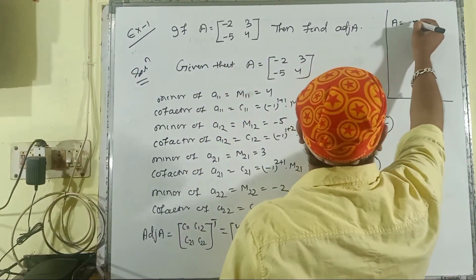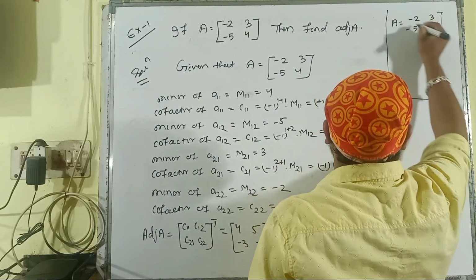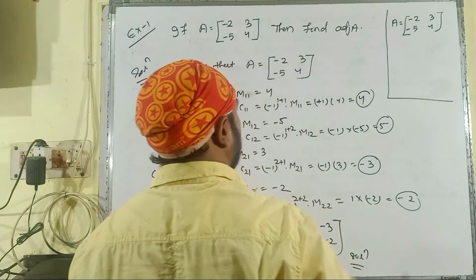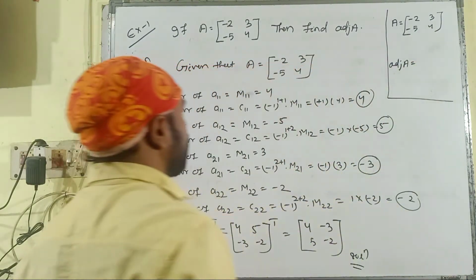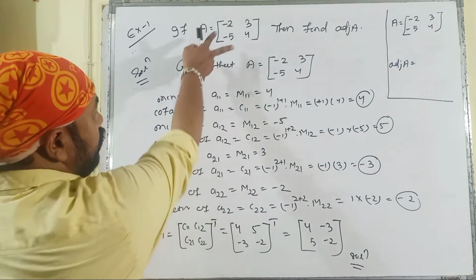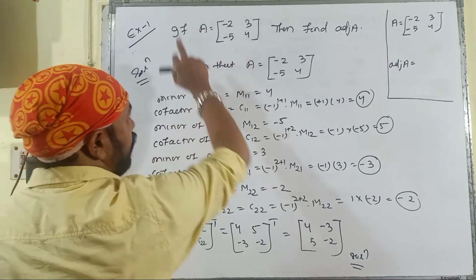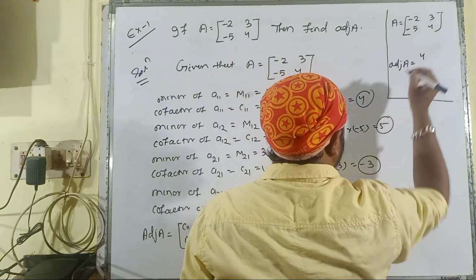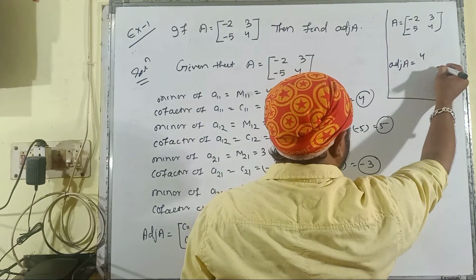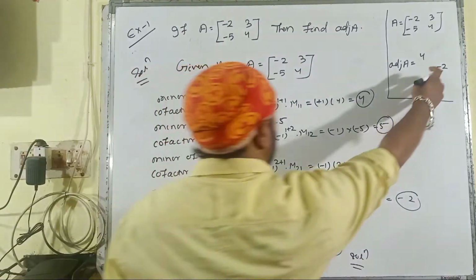If A is equal to minus 2, 3, minus 5, 4, then for the adjoint of A, we just have to interchange the positions of the elements in the diagonal part. That means 4 will be in the A11 position and minus 2 will be in the position of A22.